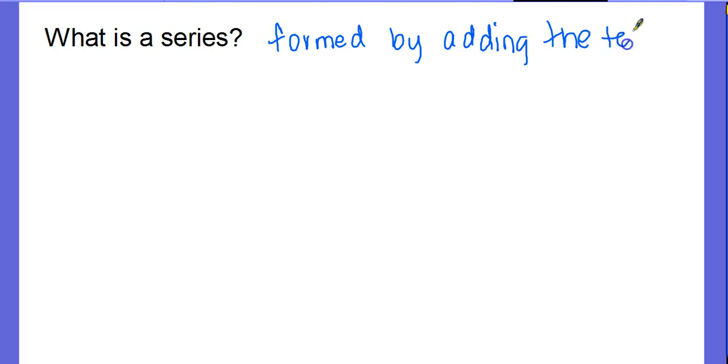A series is formed by adding the terms in a sequence. So basically, you're switching out commas for addition signs. Basically, that's what it is.